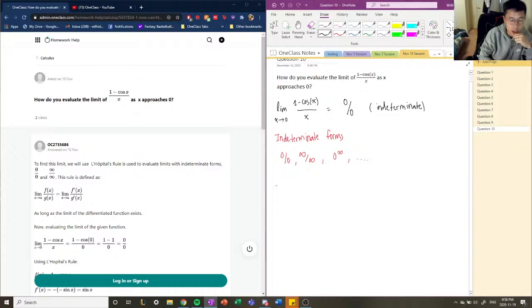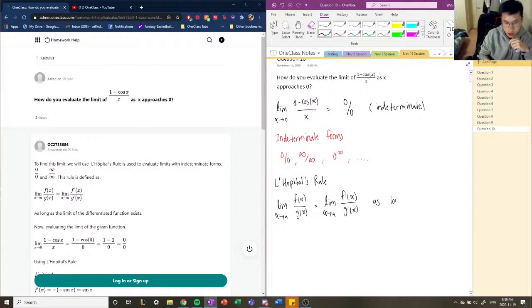And the only criterion for L'Hopital's rule is this: L'Hopital's rule states that the limit as x approaches a of a quotient of functions is equal to the limit as x approaches a of their respective derivatives, as long as the limit as x approaches a of f prime of x over g prime of x exists.